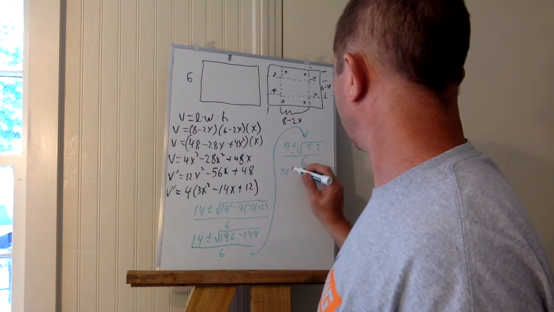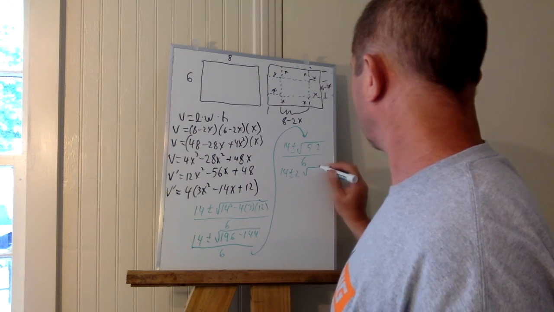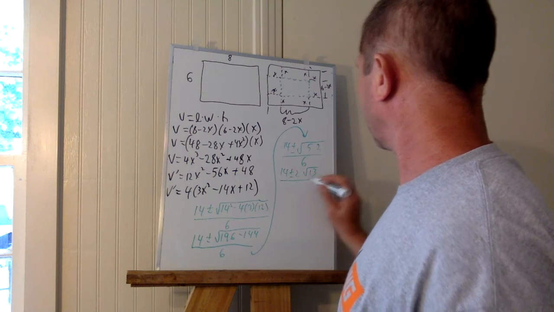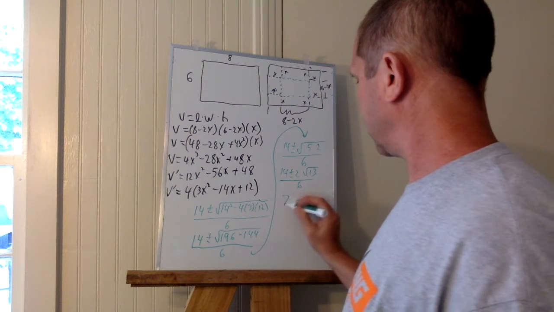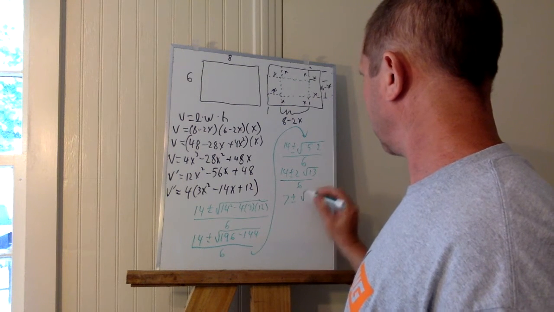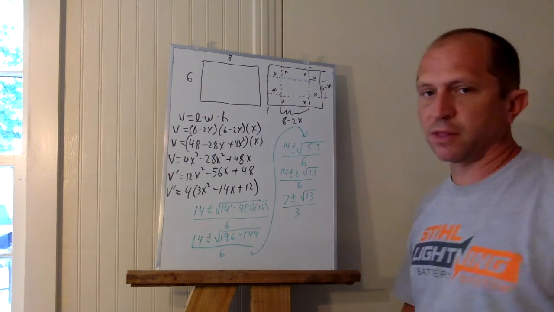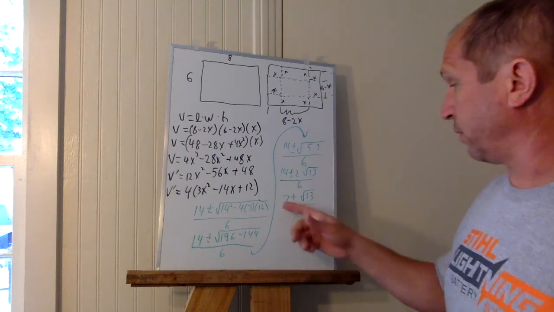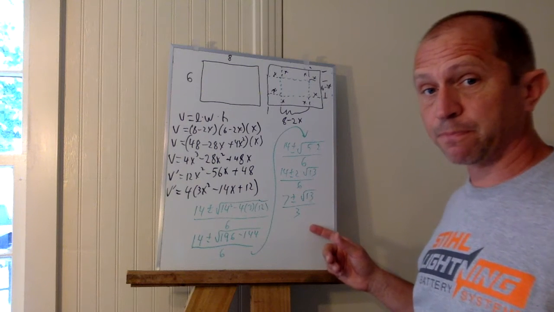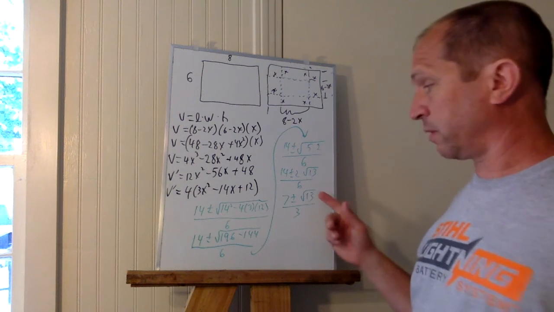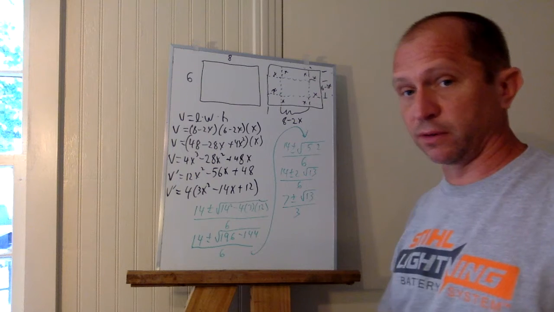So 14 plus or minus 2 square roots of 13 over 6, which would be 7 plus or minus the square root of 13 over 3. All right, now you may be thinking, well, we got two different answers here: 7 plus the square root of 13 over 3 and 7 minus the square root of 13 over 3.